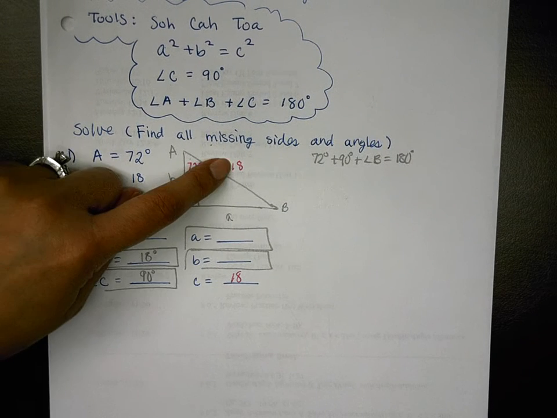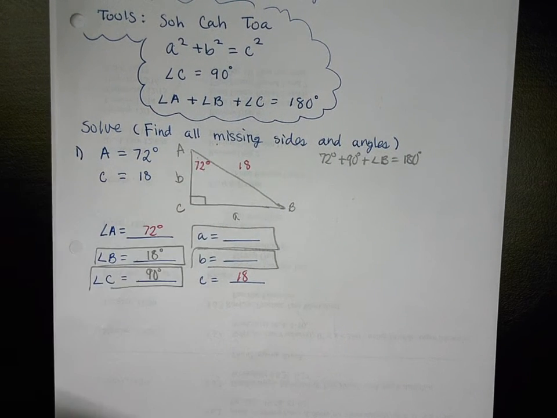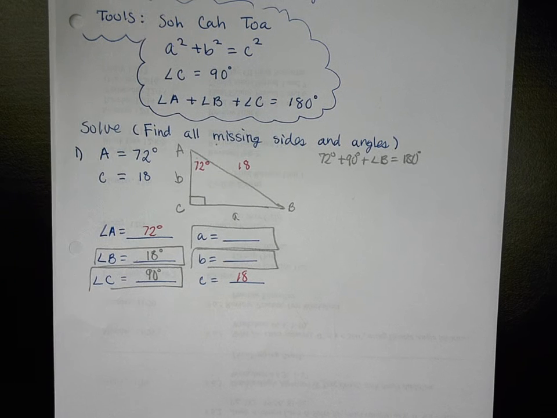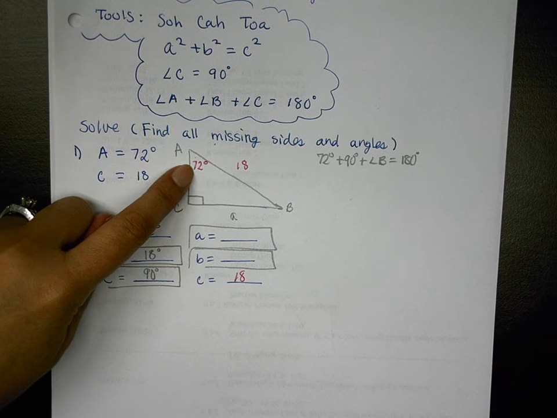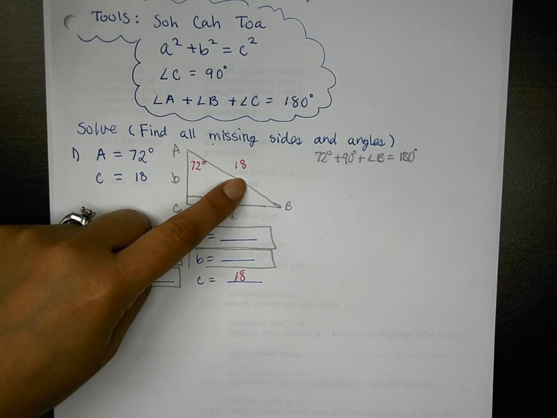If I only know one side, do I have enough to find the other two sides? Okay, so what I'm going to have to use then is the SOHCAHTOA. Got it? So to use SOHCAHTOA, I need to know an angle and a side. Do I know an angle? And do I know a side?